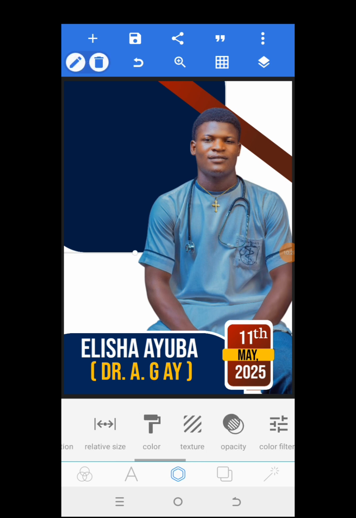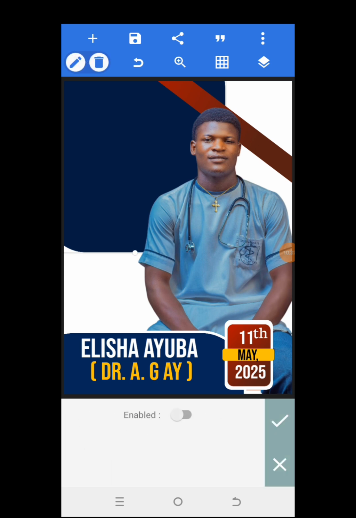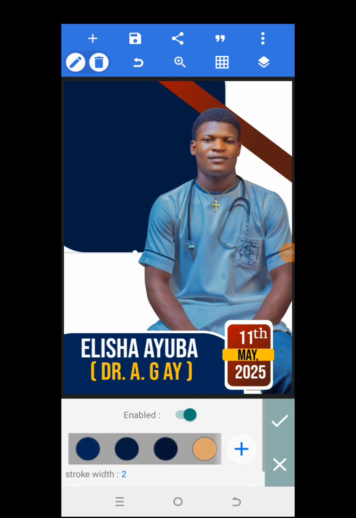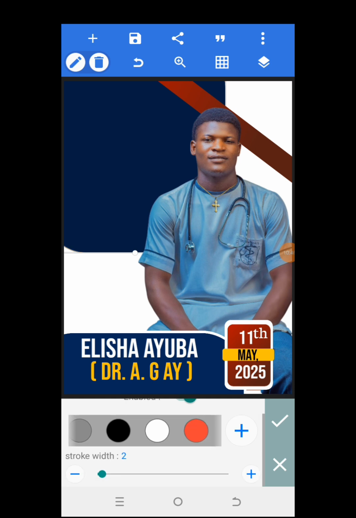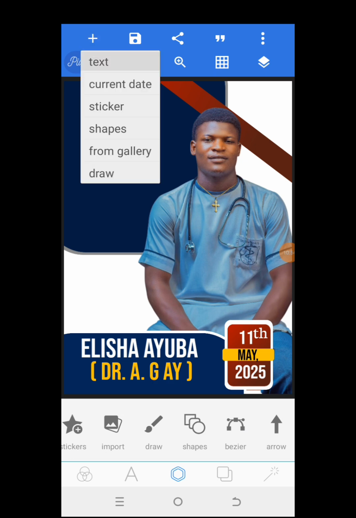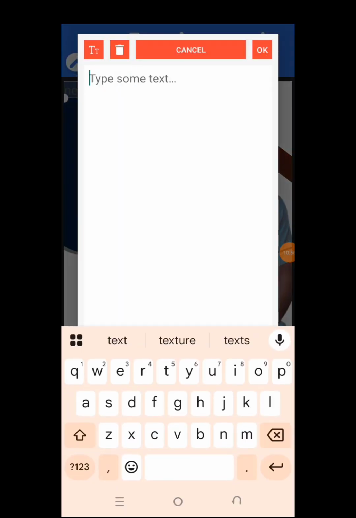For this I will go to, where is my stroke? I'll just stroke it with a nice color. Just increase the stroke. Now I will go to the text and write congratulations.